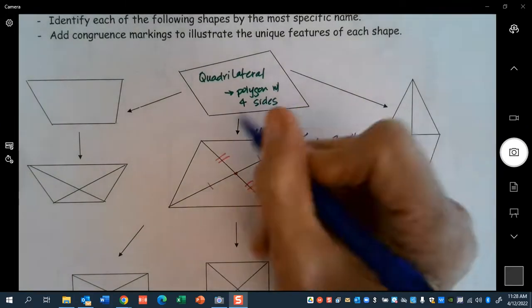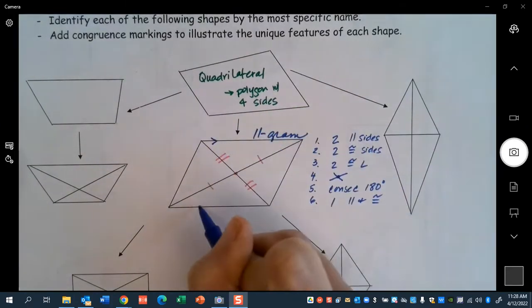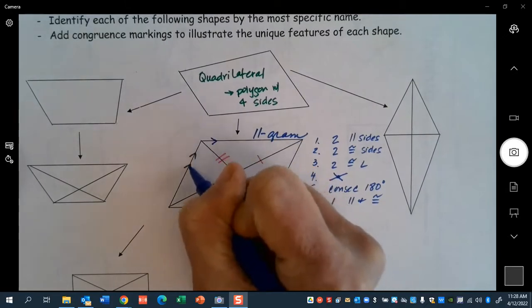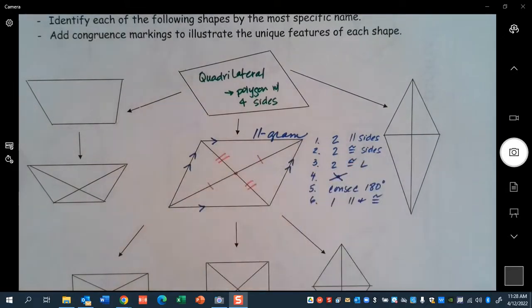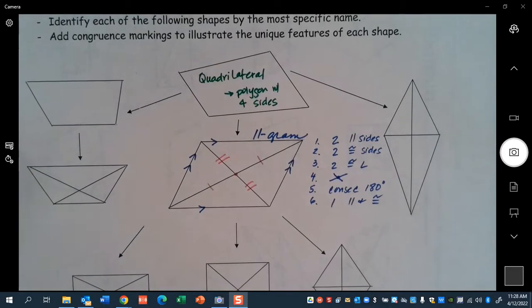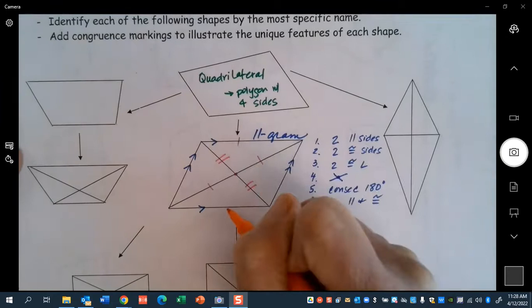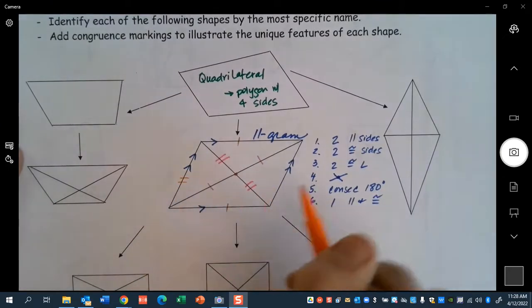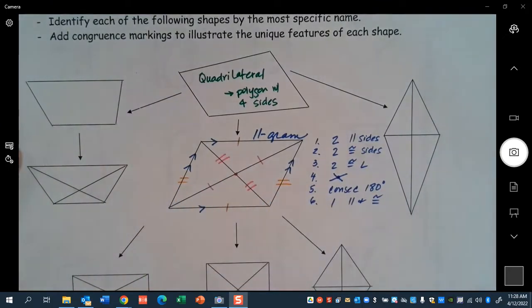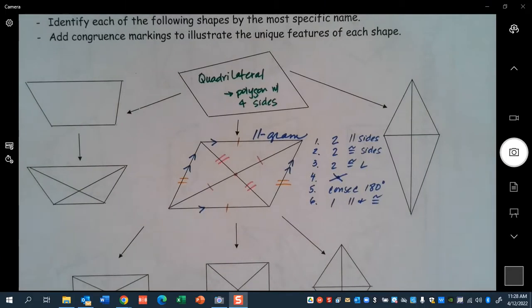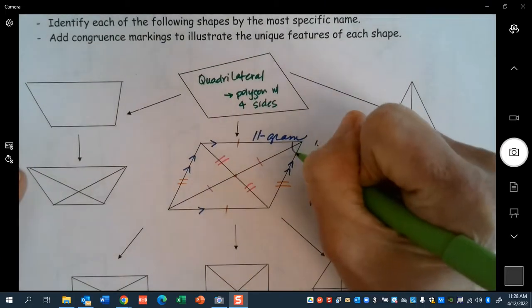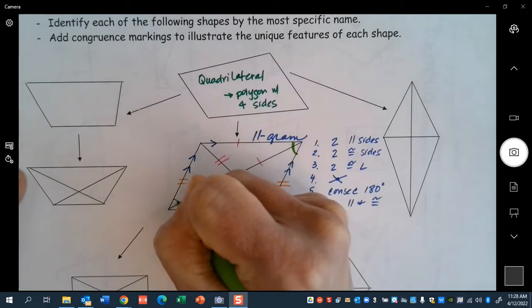Okay? I know that by definition, this side and this side are parallel, and then these 2 opposite sides are parallel. I also know that these opposite sides are congruent. And I also know that these opposite angles are congruent.